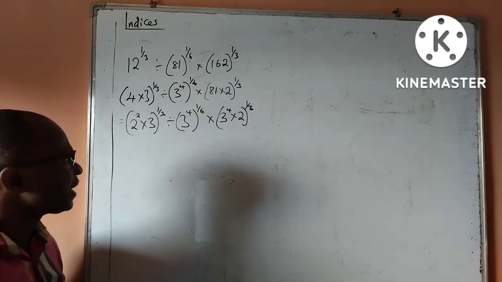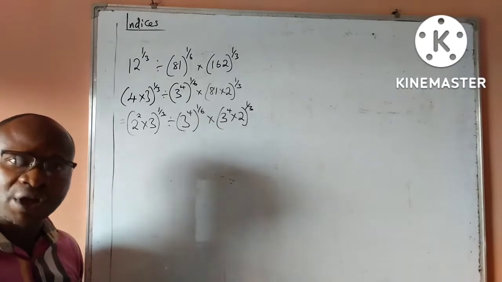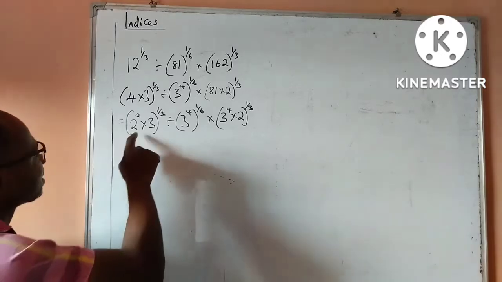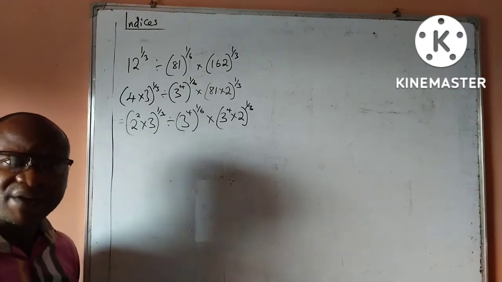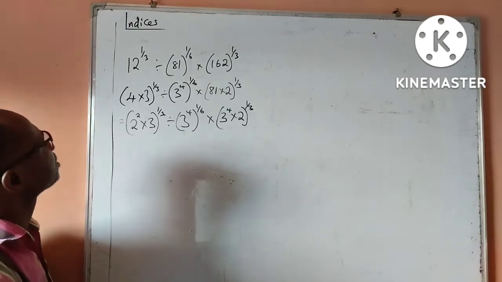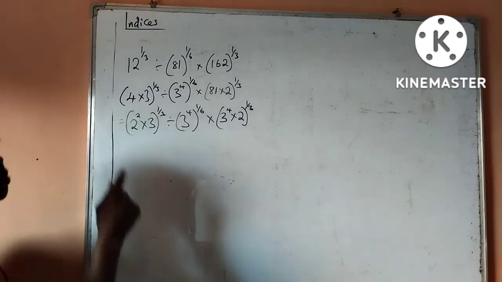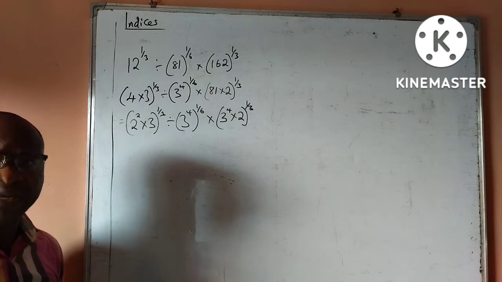Now I can apply the product law of indices. Everything inside the bracket is raised to power what I have outside the bracket. What it means is that 2 raised to power 2 can be multiplied with the power outside the bracket.